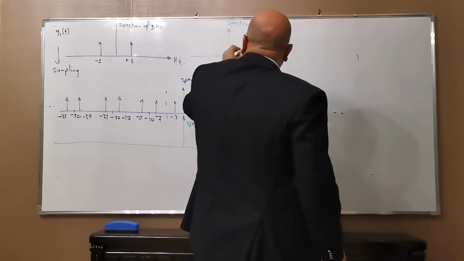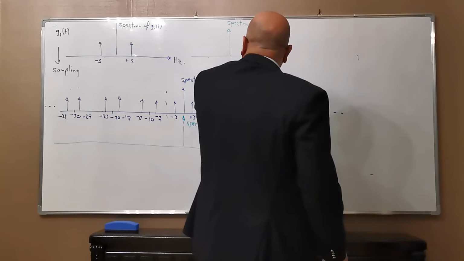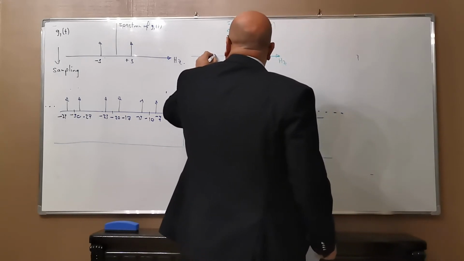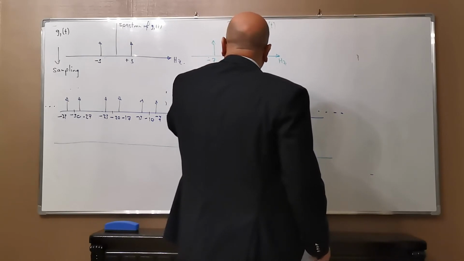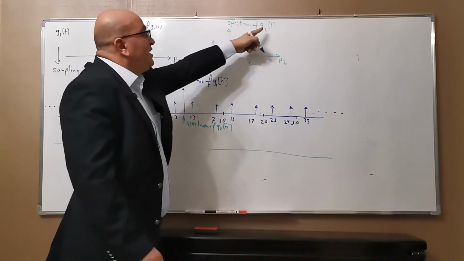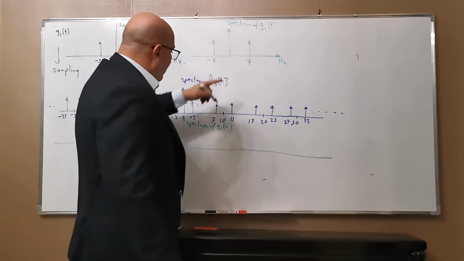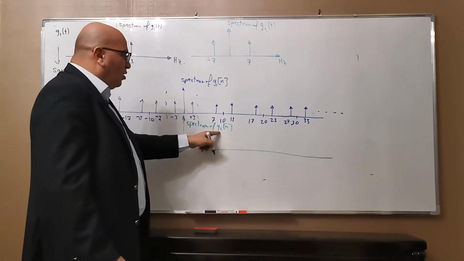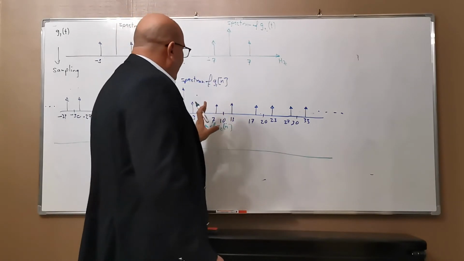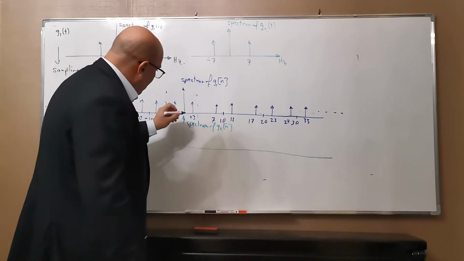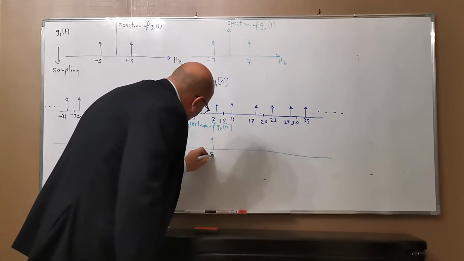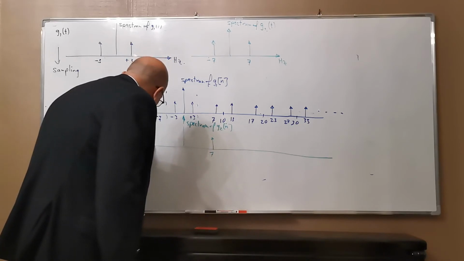So you have one impulse at 7 hertz and another impulse at -7 hertz. This is how the spectrum of G2 of t looks. G2 of n is a sampled version of this one, so this spectrum will be repeated around 10 hertz. For the first one, it will be at 7 and at -7.